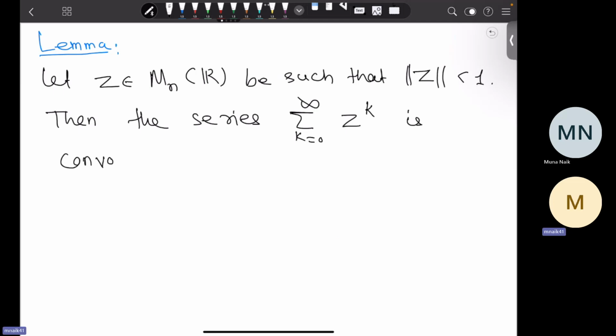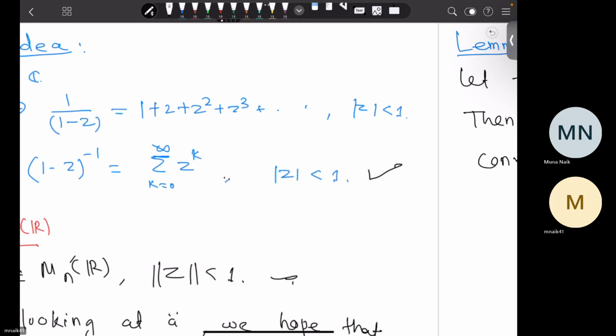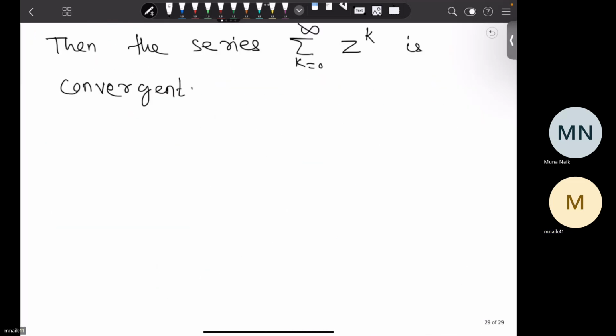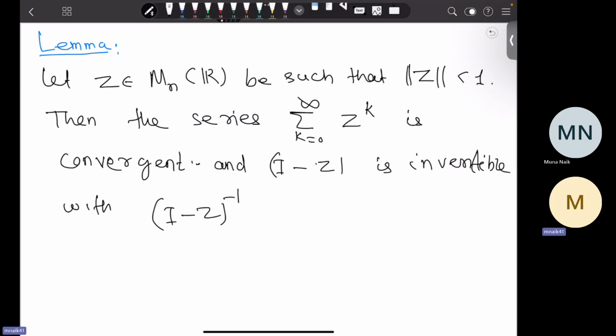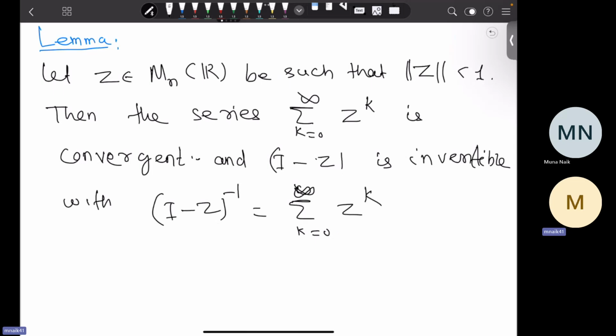In fact it is much more than convergent: it is absolutely convergent. That is the first thing. And I minus Z is invertible, with the inverse of I minus Z being the sum of Z to the power K, K equal to 0 to infinity. Okay, proof.